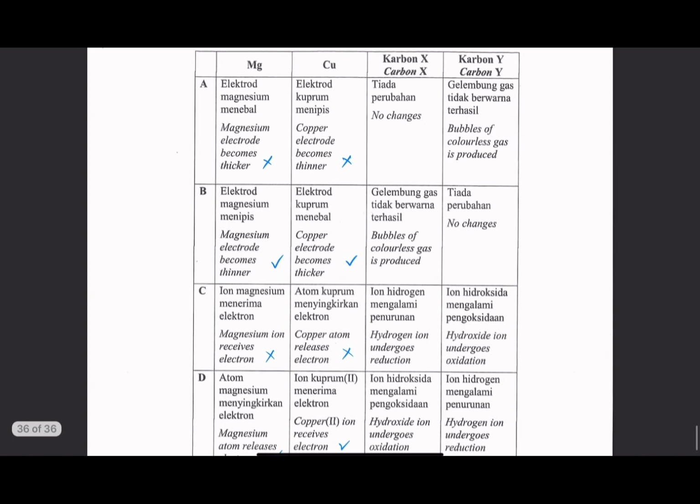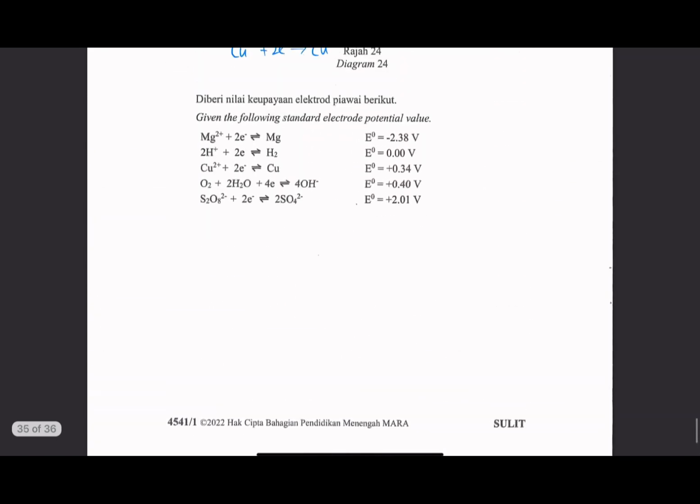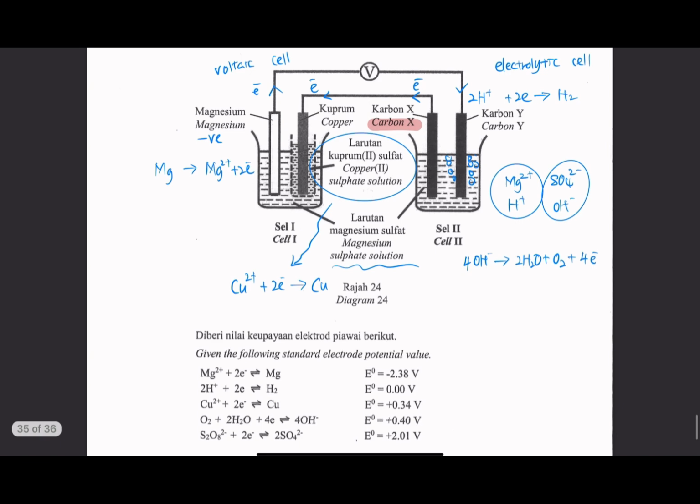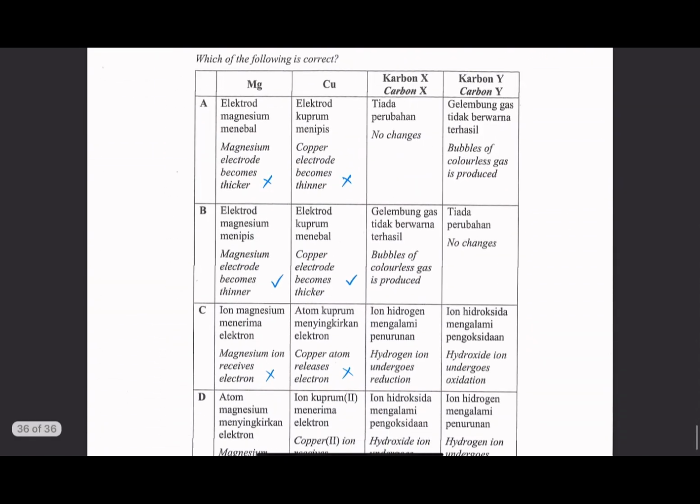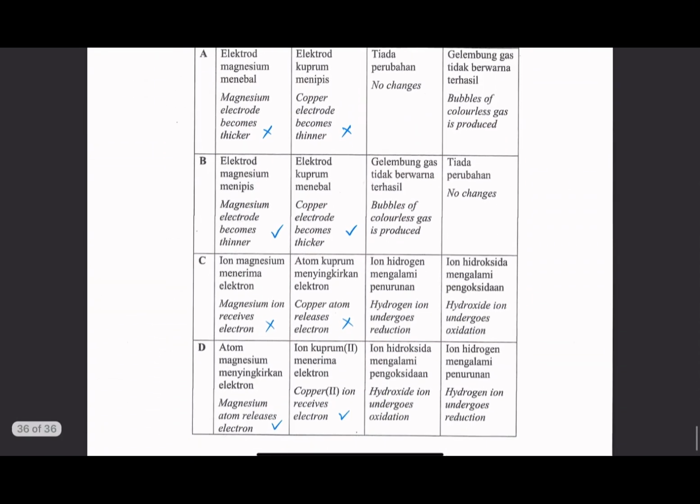The carbon X. So where's our carbon X? Okay, here is carbon X. At carbon X, the hydroxide will be discharged. No change. Yes, no observation. Gas bubble. No. Hydrogen ion.